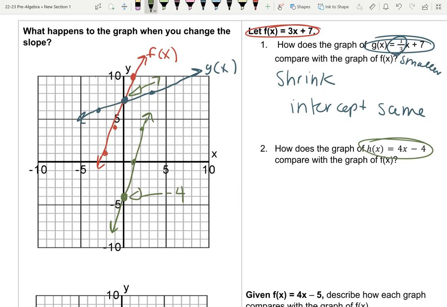Sometimes people like to sketch little graphs here. We started at 7 and went down to 4. The difference between these numbers is 11. So we went down 11. And then our line got stretched up. It's kind of hard to tell, but it got stretched because it has a bigger slope.